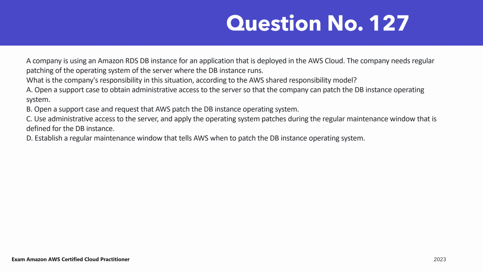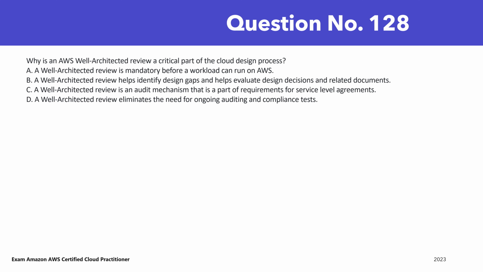B. Open a support case and request that AWS patch the DB instance operating system. C. Use administrative access to the server, and apply the operating system patches during the regular maintenance window that is defined for the DB instance. D. Establish a regular maintenance window that tells AWS when to patch the DB instance operating system. Correct answer, B.